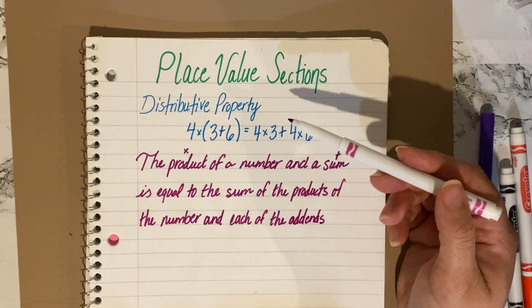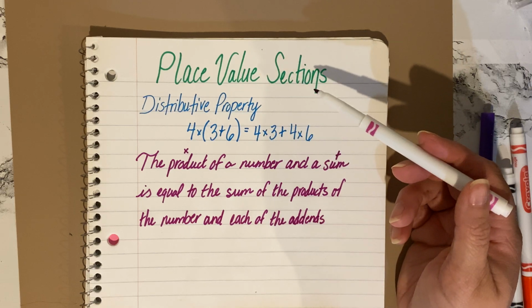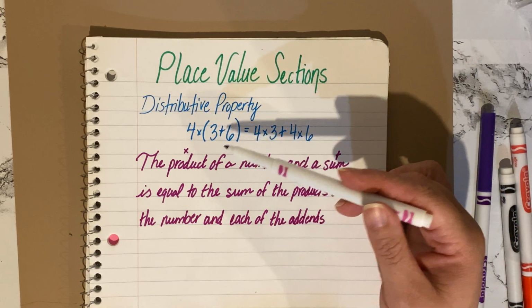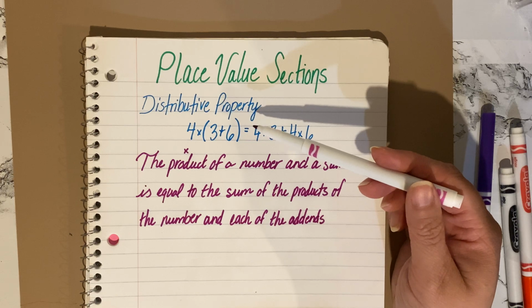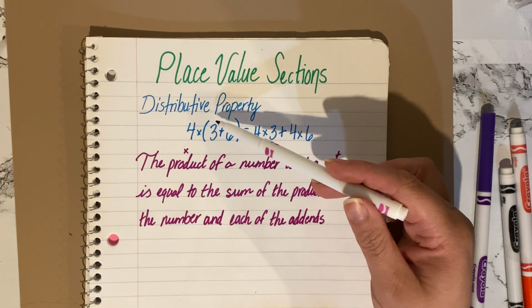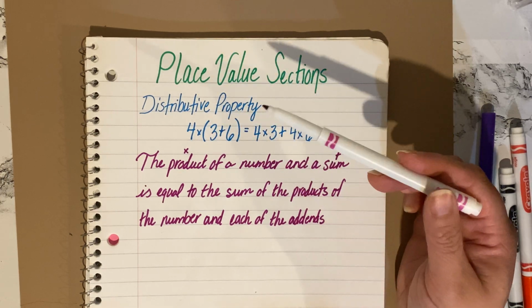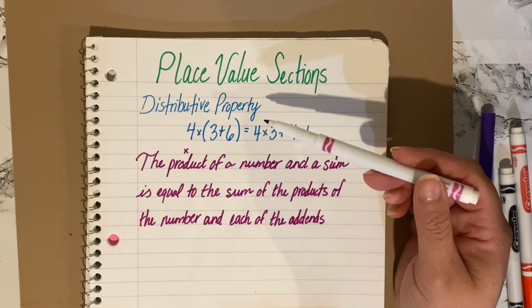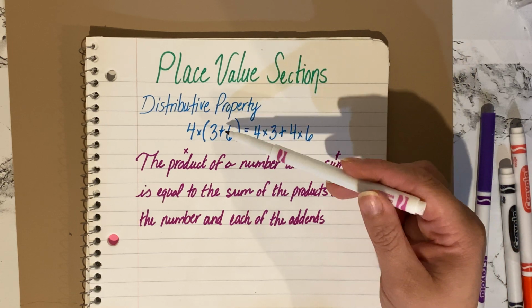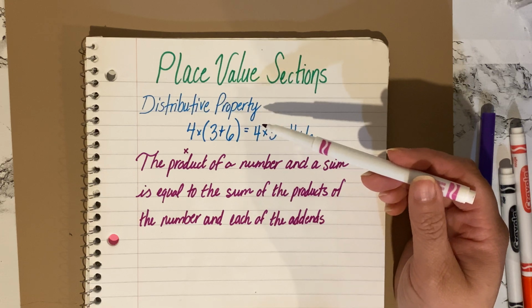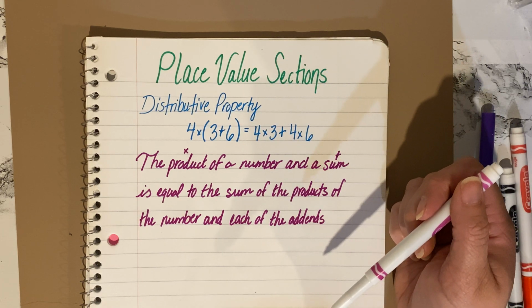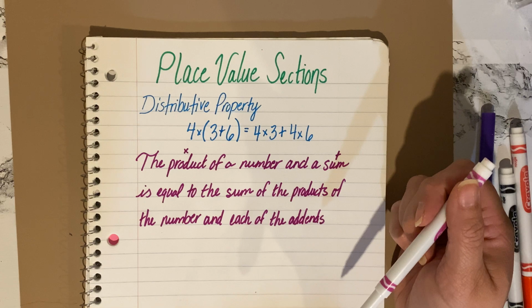So that's just talking about the distributive property. It's saying the product of a number and a sum, so this would be adding these two together and then multiplying it, is equal to taking each addend, the 3 and the 6, and multiplying both of those by the product out front.